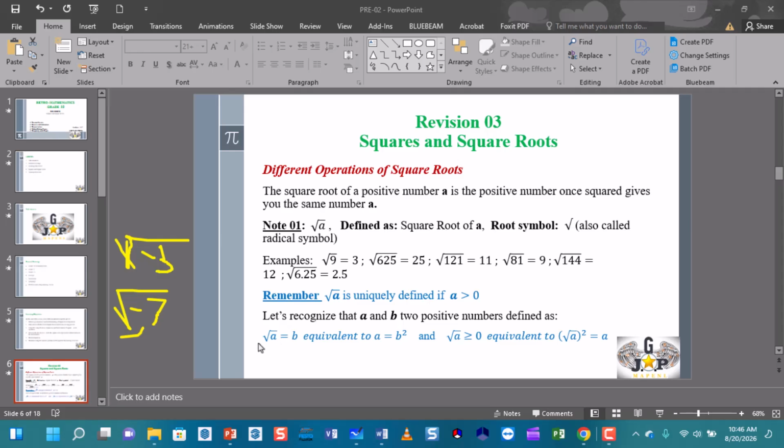And each time you have the square root of a equal b, it is equivalent to a equal b squared. I've explained how you get to a equal b squared. And the square root of a is always greater than or equal to 0, which is equivalent to the square root of a, all squared, which gives you the radicand, a.